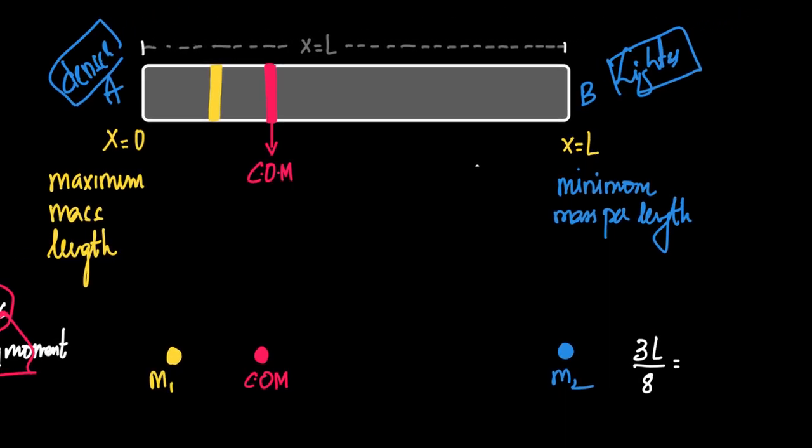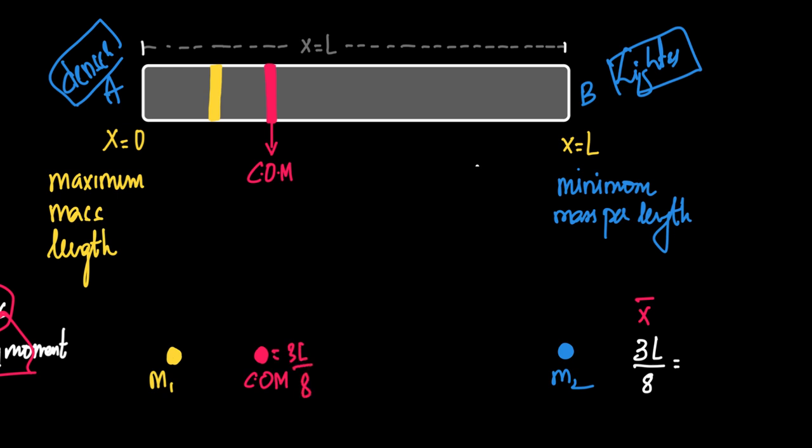Now, how is it relevant when it comes to the discussion of center of mass? See, if we consider M1 to be the denser mass, and M2 to be the lighter mass, then the x coordinate of the center of mass that we have calculated here is x bar equal to 3l by 8, right?